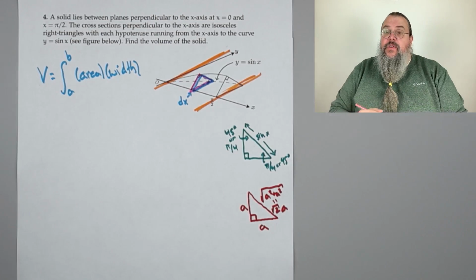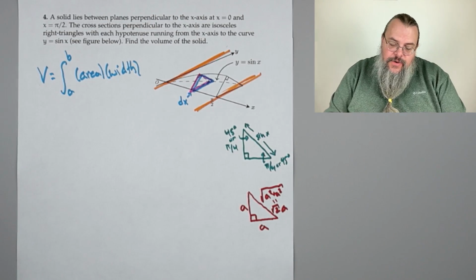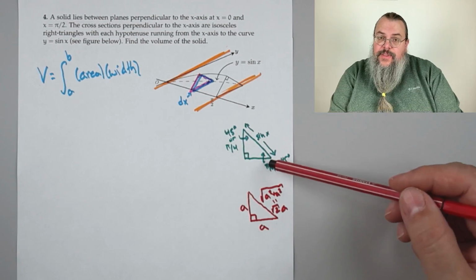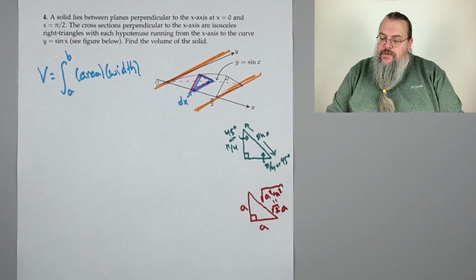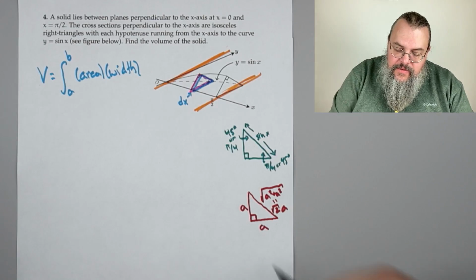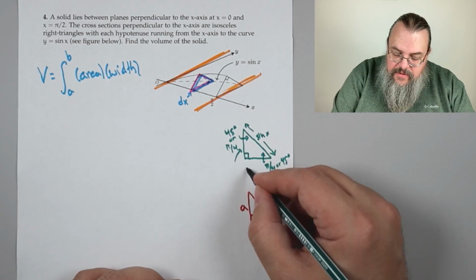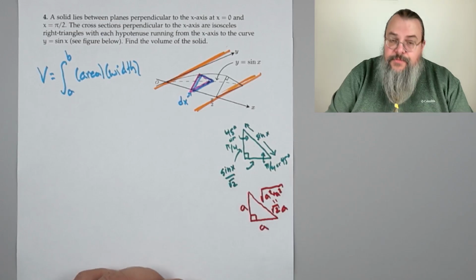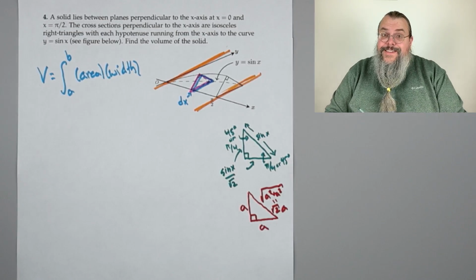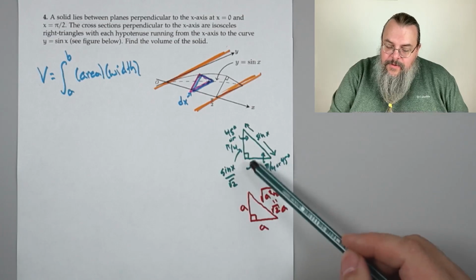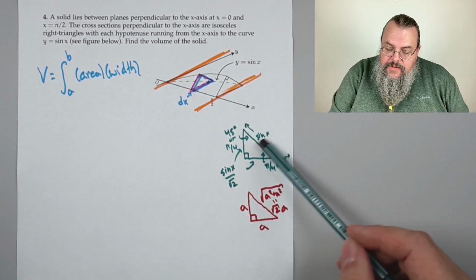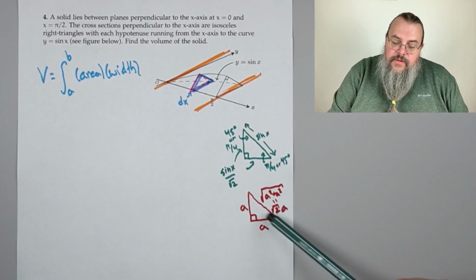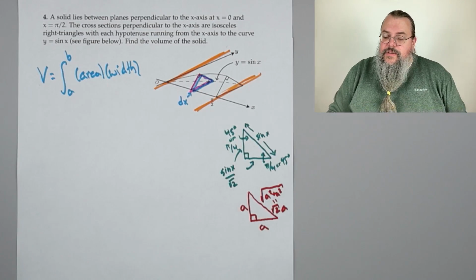So our great aha says, if sine of x is the square root of 2 times the length, then our lengths on these two sides are sine of x over square root of 2. Right? Because sine of x is square root of 2 times a, so you divide: sine of x over square root of 2.